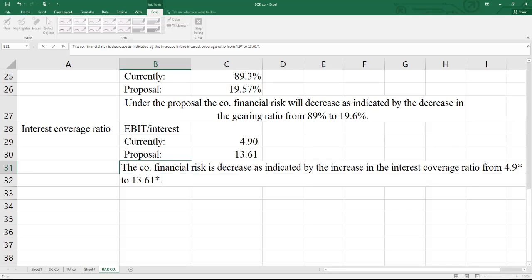This is therefore a good proposal in terms of financial risk management.